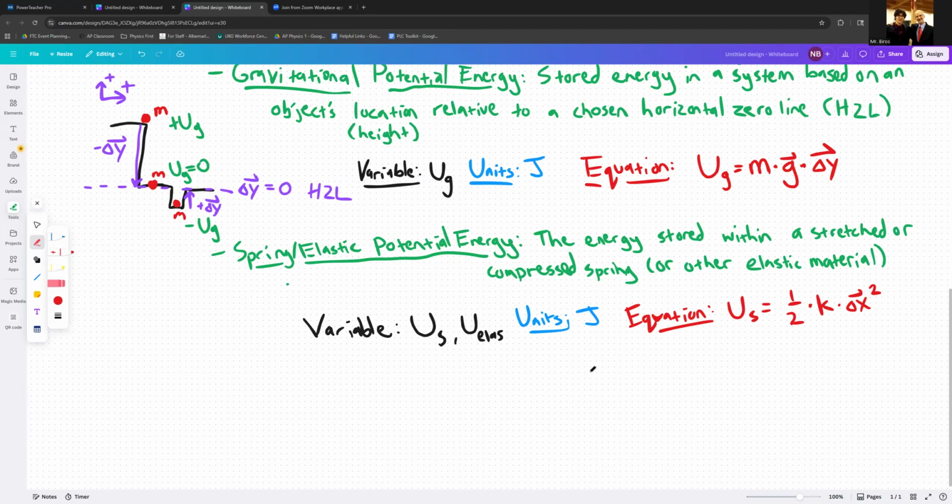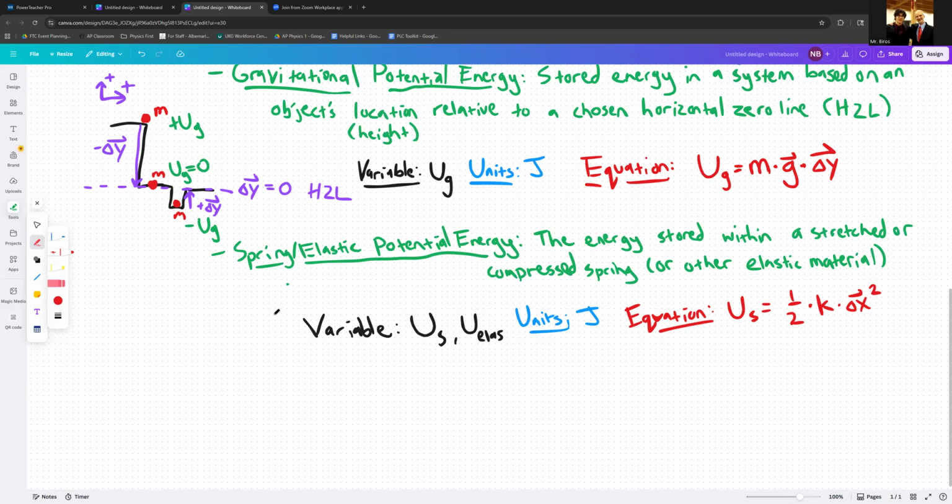But we're not going to get into any of those because we're not doing chemistry, atomic physics, or nuclear physics. So we're actually just going to end up with the two types of potential energy. Gravitational potential, stored energy due to gravity based on an object's height or location relative to the horizontal zero line, and spring or elastic potential that is stored within a stretched or compressed spring or other elastic material.